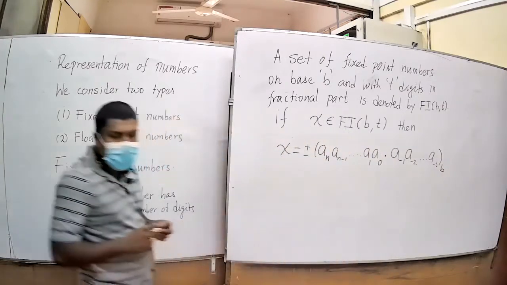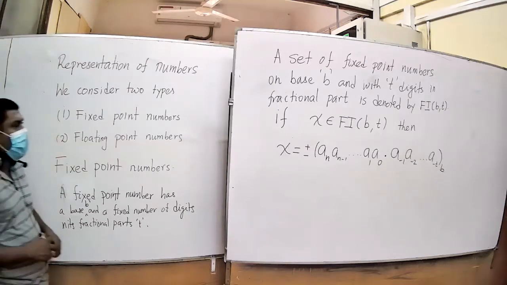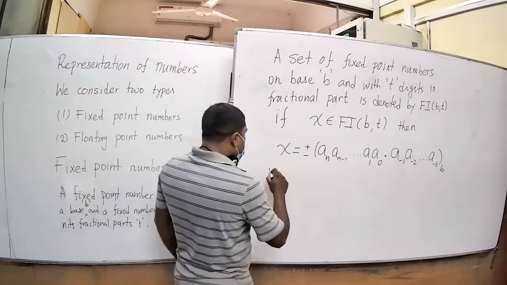So I can have plus or minus, positive numbers and negative numbers. The fractional digits are indexed with negative indices to let you know that they are in the fractional part, and the integer part is this. So here t is fixed, and n can be any number.